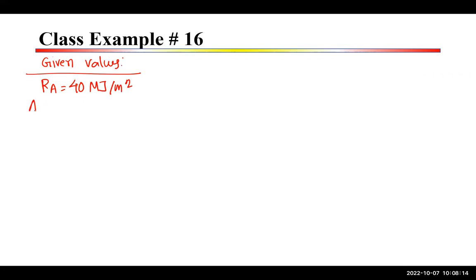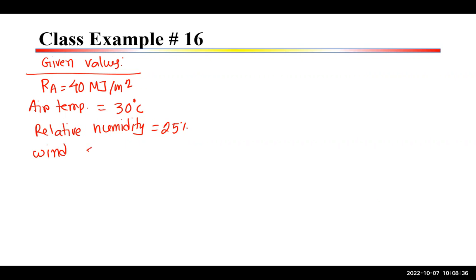Air temperature is 30 degrees Celsius, the relative humidity is 25%, and the wind speed is 6 meters per second.